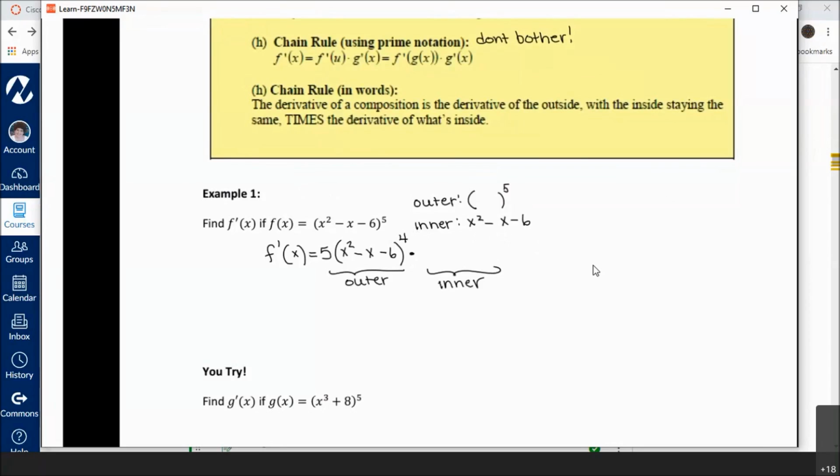I can use the power rule on that as well. If I differentiate x squared, I bring down the 2, drop the exponent by 1. If I differentiate negative x, I bring down the exponent and drop the exponent by 1. That means the exponent on x turns into a 0, which makes it x to the 0.